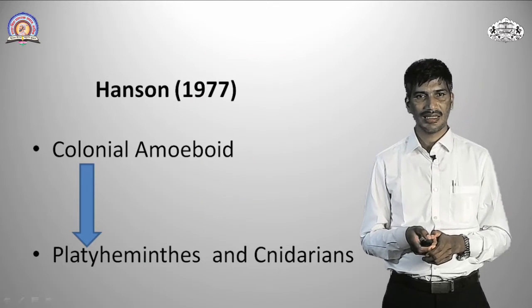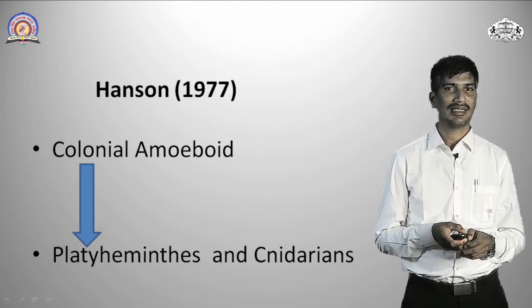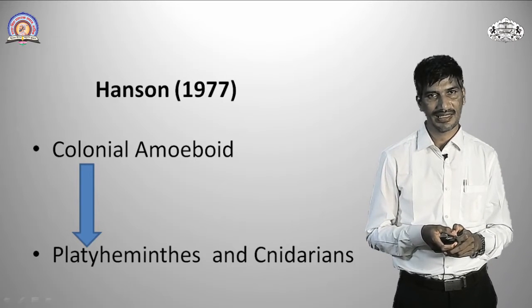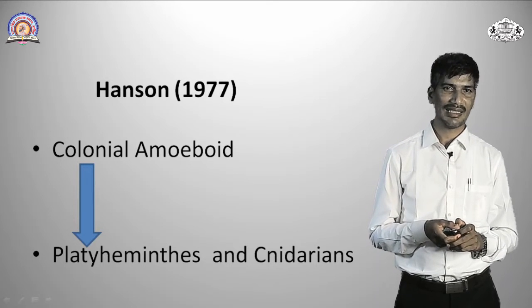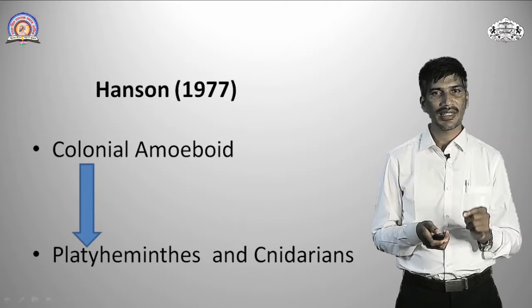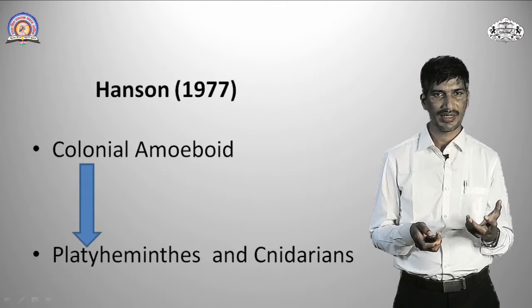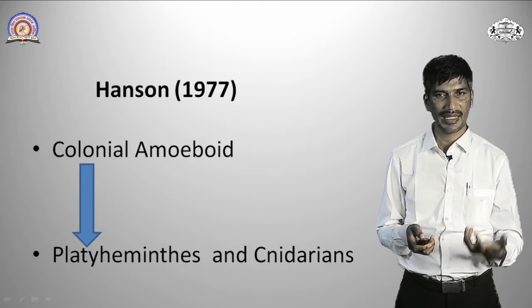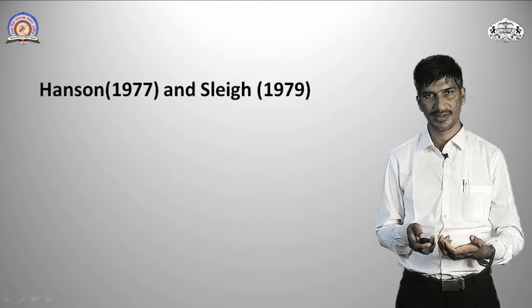Another scientist, in 1977, Hanson, put forward another theory. What theory did he suggest? It is related to a colonial amoeboid organism whose development occurred through the platyhelminthes and cnidarian.